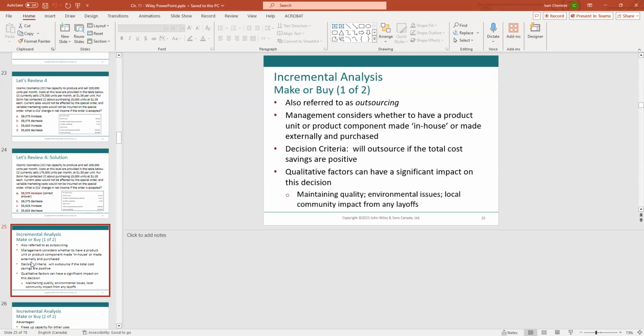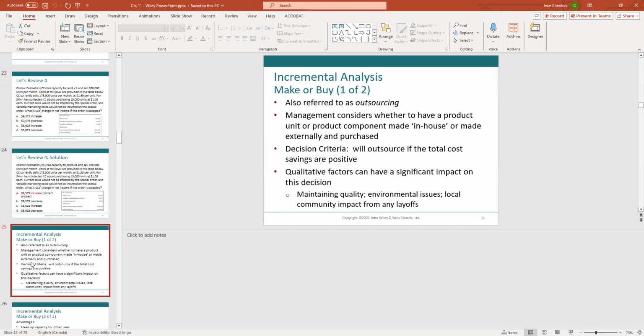So basically, whatever we save on the costs is more than we have to pay. Or, in other words, we're gonna compare how much it would cost us to make it internally. If the cost to make it internally is more than buying from outside, we're gonna save on the costs. So that means go for it, go outside.